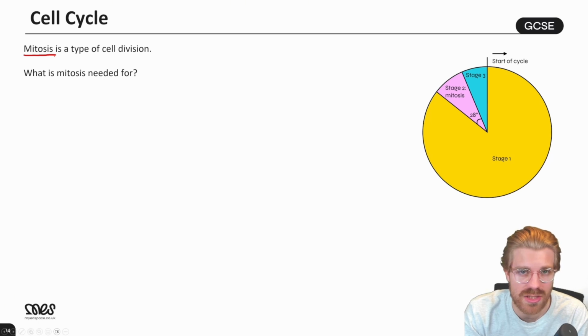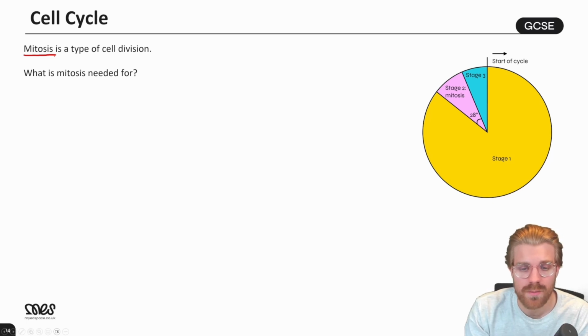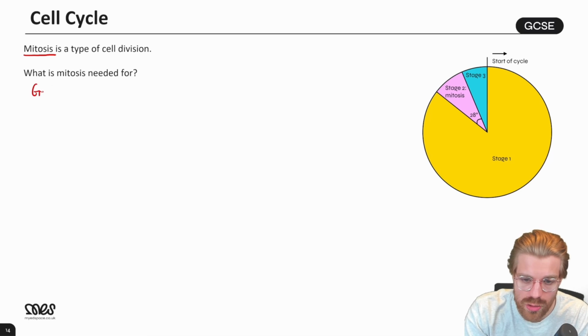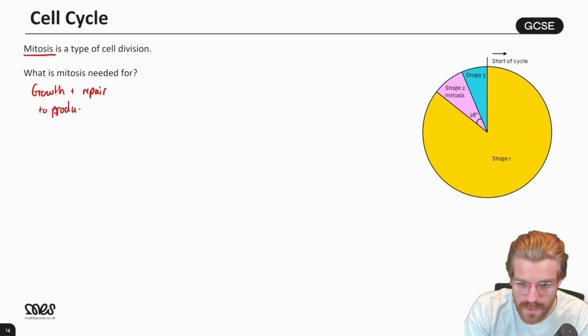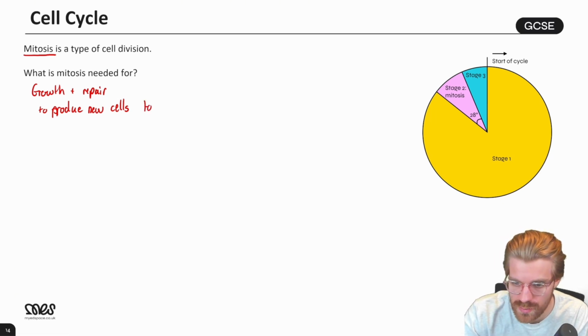Remember, the cell cycle comes first, is the preparation for mitosis. Now, mitosis, or this cell division, is needed for growth and repair. It is needed to produce new cells so that we can repair and replace tissues.